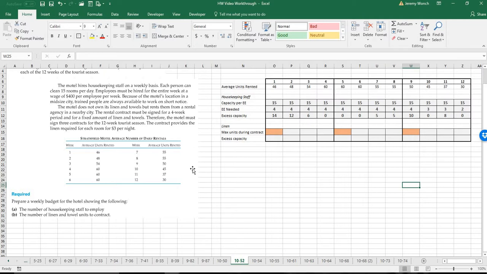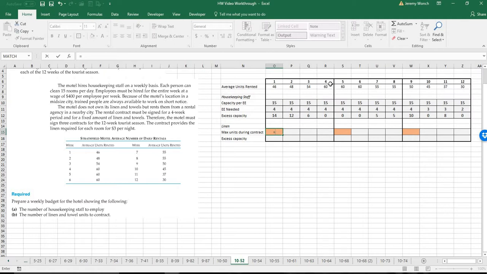We have to order per week based on what we're going to need for the next 4 weeks. So what we need to do here is look across the next 4 weeks and figure out what the biggest capacity is. It actually comes in week 4 at 60.